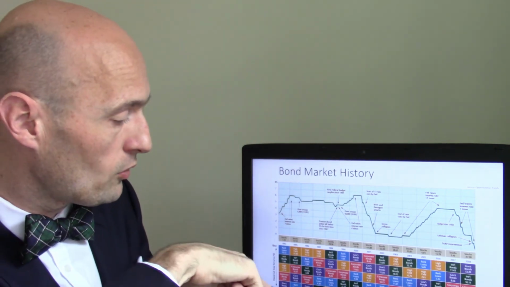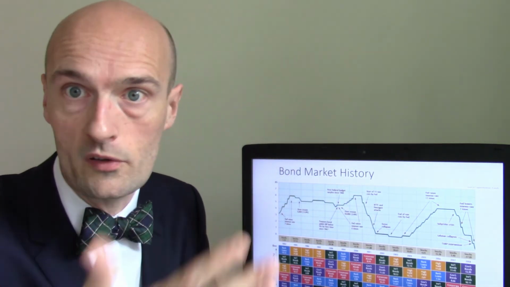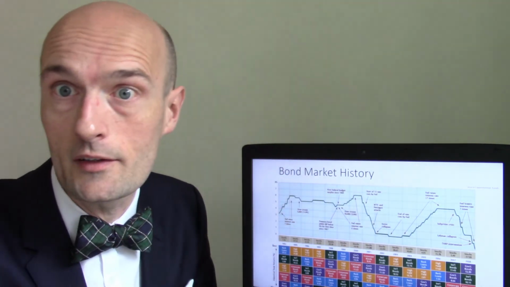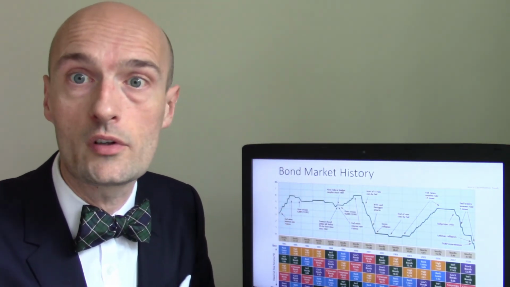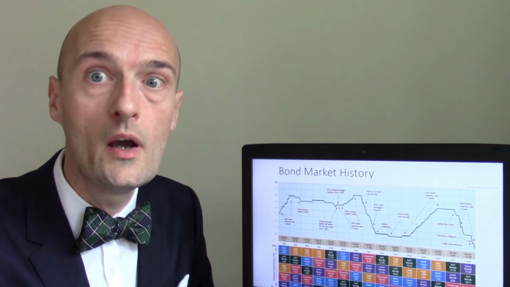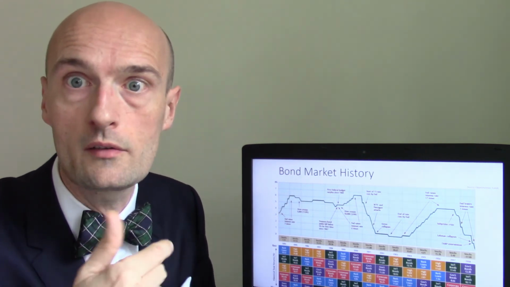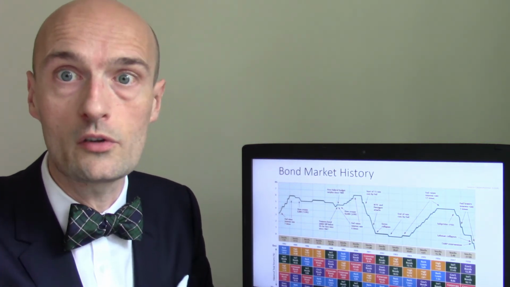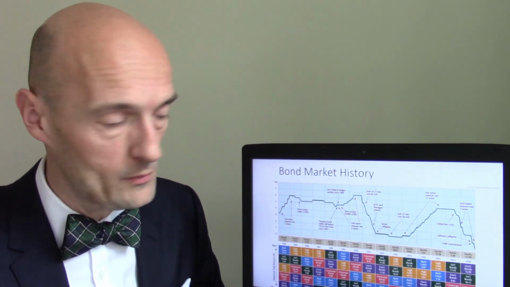So the best performers are at the top and the worst performers are at the bottom. And so the real takeaway of this, I guess it relates to the prior slide, is that maybe you want to own a diversified basket of bonds, that some will do well in some environments, others will do well in other environments.